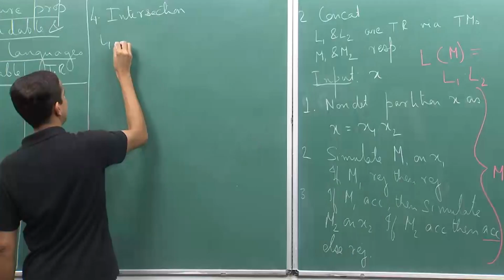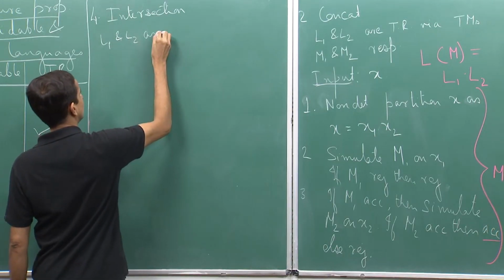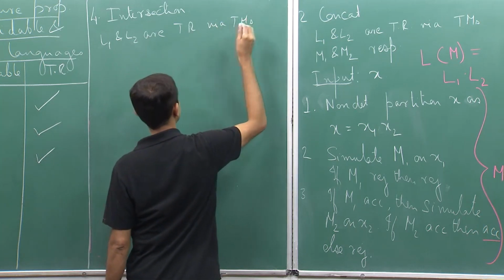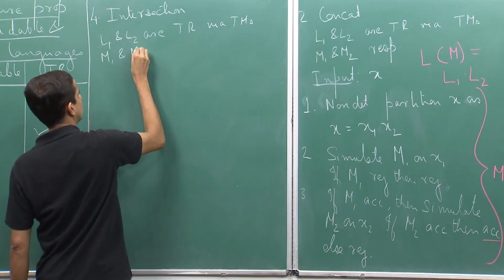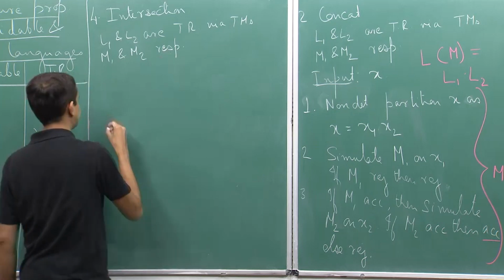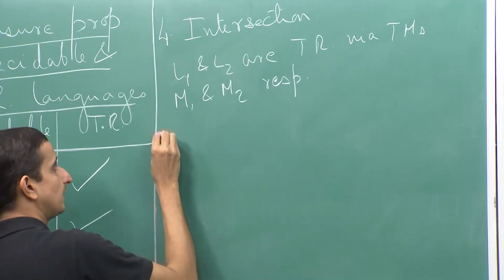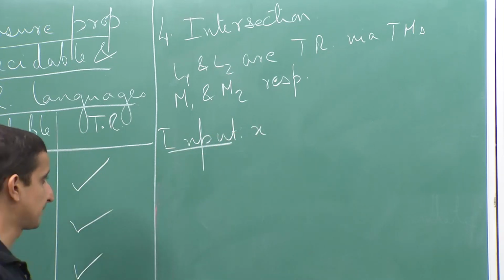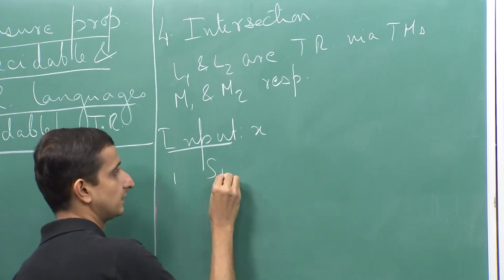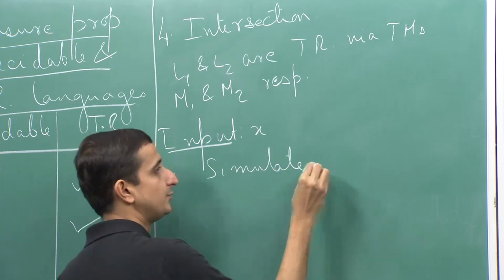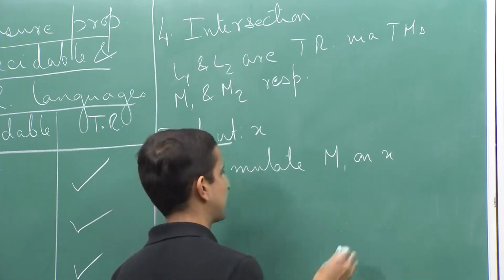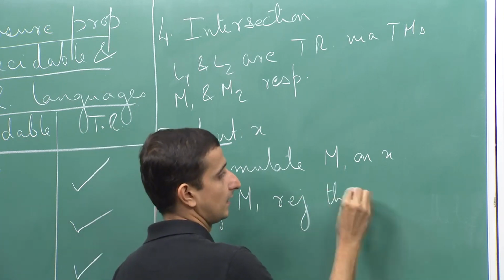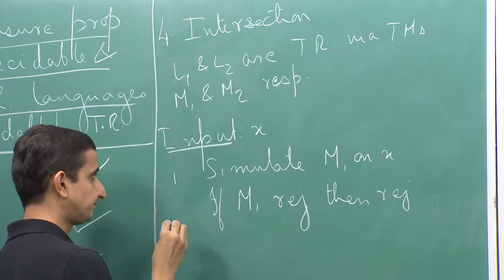So, suppose L1 and L2 are Turing recognizable via Turing machines M1 and M2 respectively. What we do is that given an input x, we first simulate M1 on x. If M1 rejects, then reject.